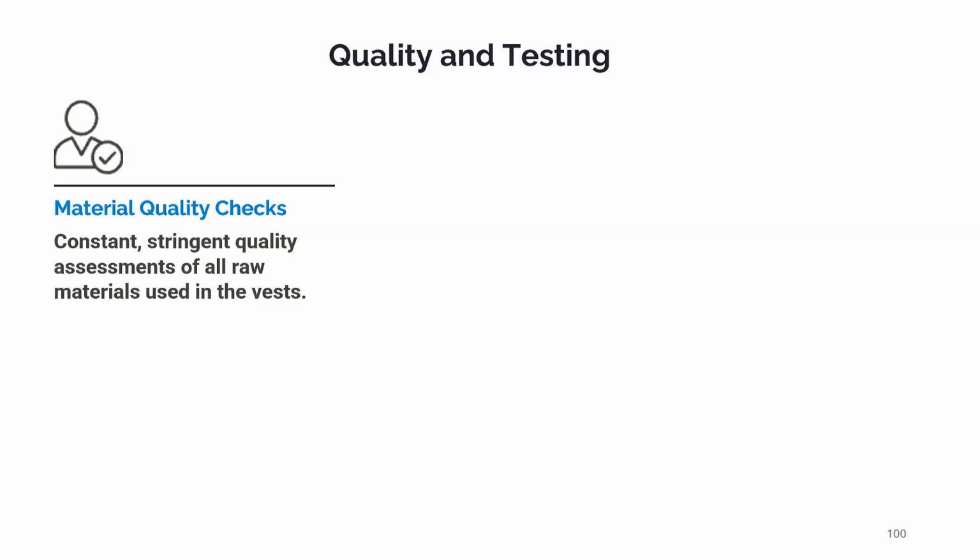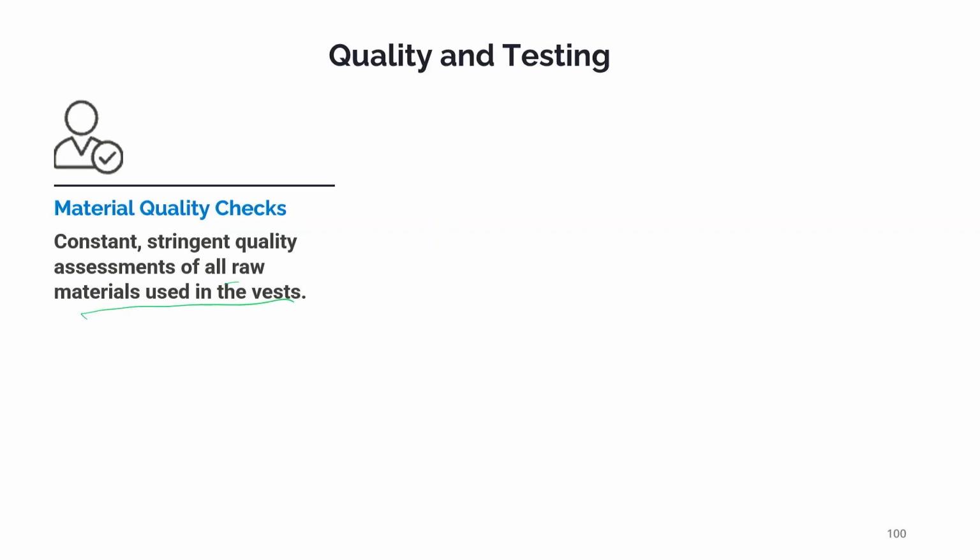So, first we have to check the material, maybe input material or output material, which will be used for making the composite. So, materials quality check, it should be consistent strength, constant and stringent quality assessment should be there, which allows the raw material used in the vest.